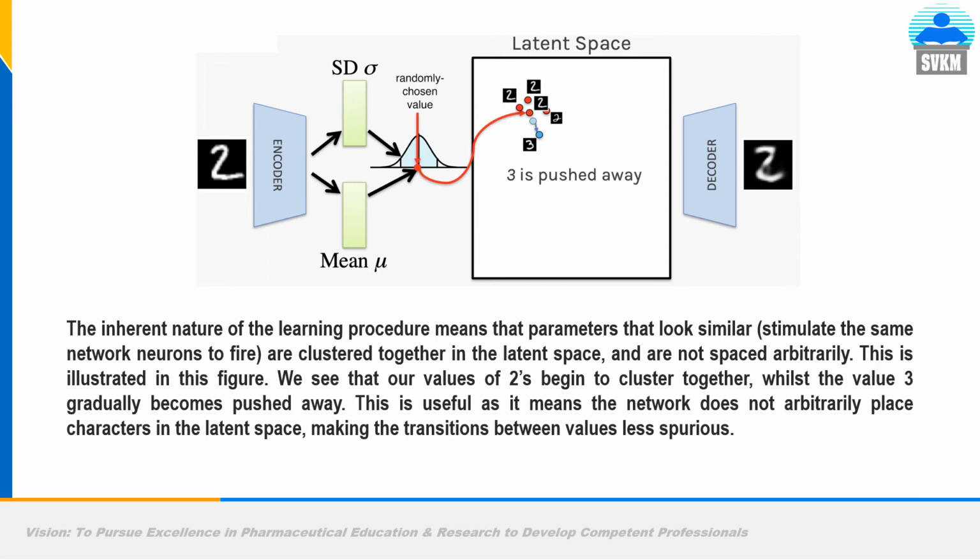This is shown in the figure. In this figure you can see the values of 2 begin to cluster together while the values of 3 gradually become pushed away, because the neurons which have 2 as the input are firing the same output neuron. So the model understands, okay, I have to keep all this input together, so these are in close proximity.